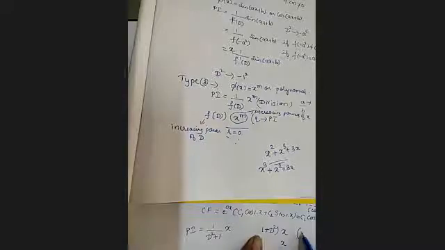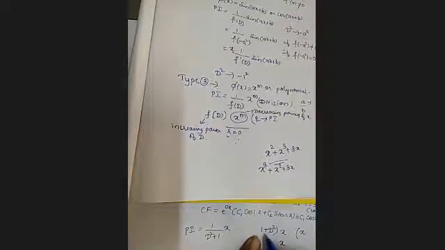So what should be in the quotient place so that after multiplying with the first term I get x? x only, correct? x into 1 is x. But in the divisor you have 2 terms, so you need to write for the second term also. So this is D square.